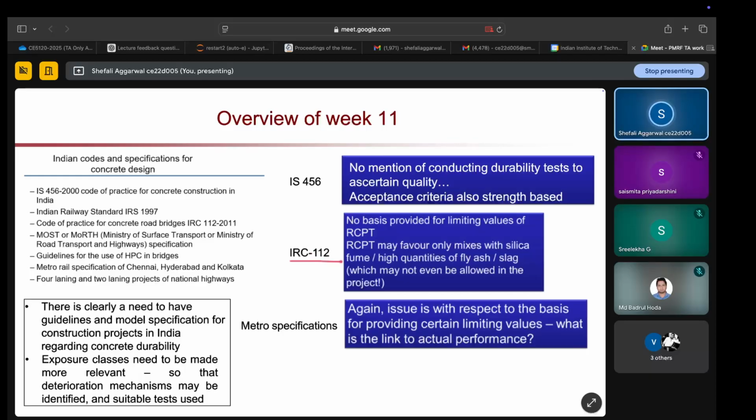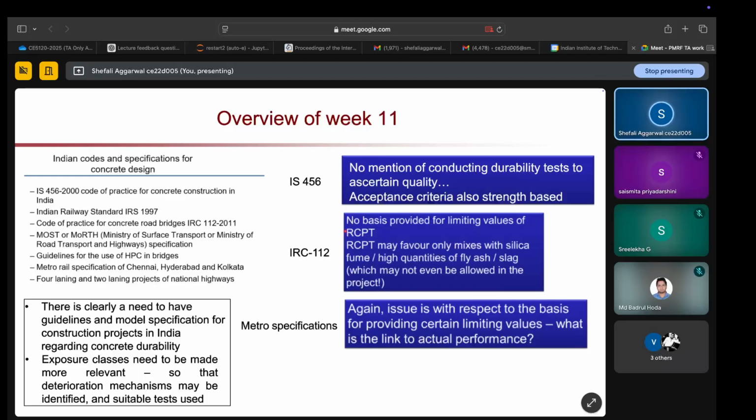The second is IRC, Indian Railway Standard, Indian road bridge concretes. In this, they are talking about durability things. They are talking about the RCPT test. However, the limiting value of RCPT is not provided, and again the problem with RCPT is that it is not valid for all types of concrete.